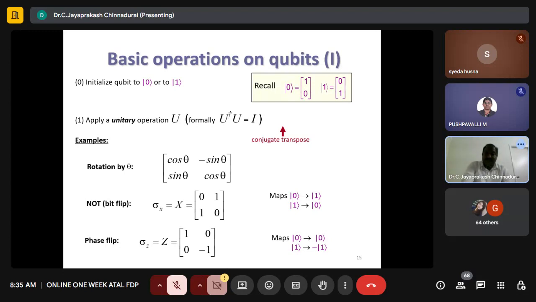See the difference: ket of 0 remains ket of 0 only, and ket of 1 becomes minus ket of 1. The phase flip is different from the bit flip. Understand how we are assigning the values. The phase flip maps the initial values: ket of 0 stays ket of 0, and ket of 1 gets a minus sign.